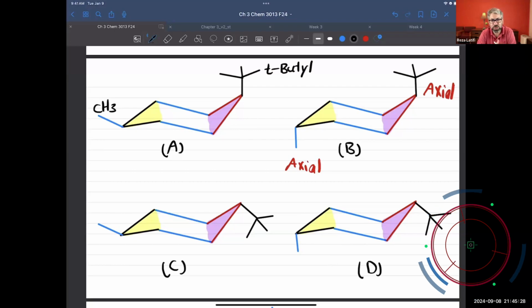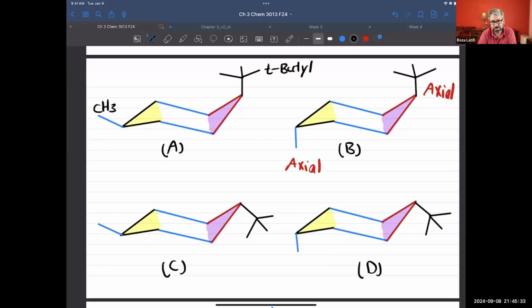I want to know which one of these is the most stable structure. Okay, thank you very much. And as I mentioned before, this is going to be the correct answer.